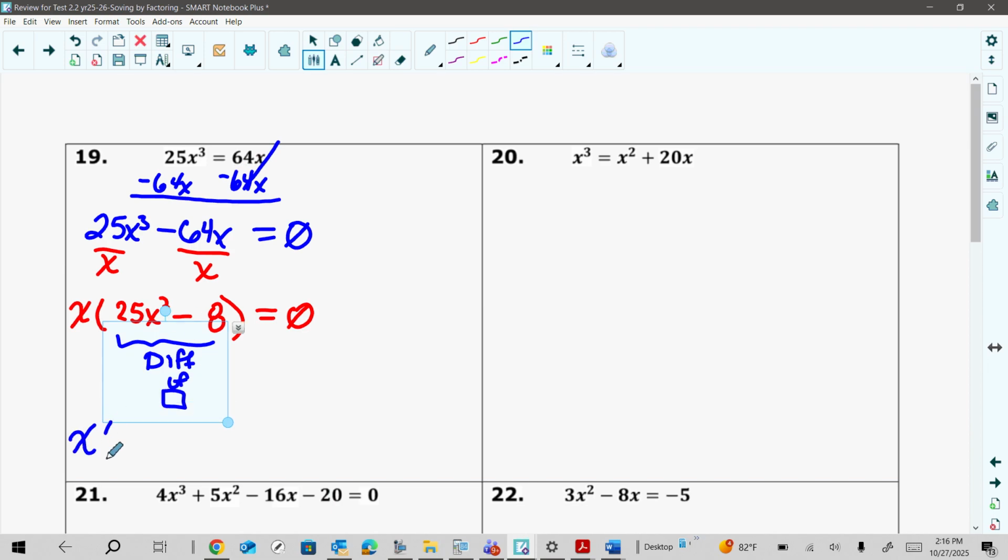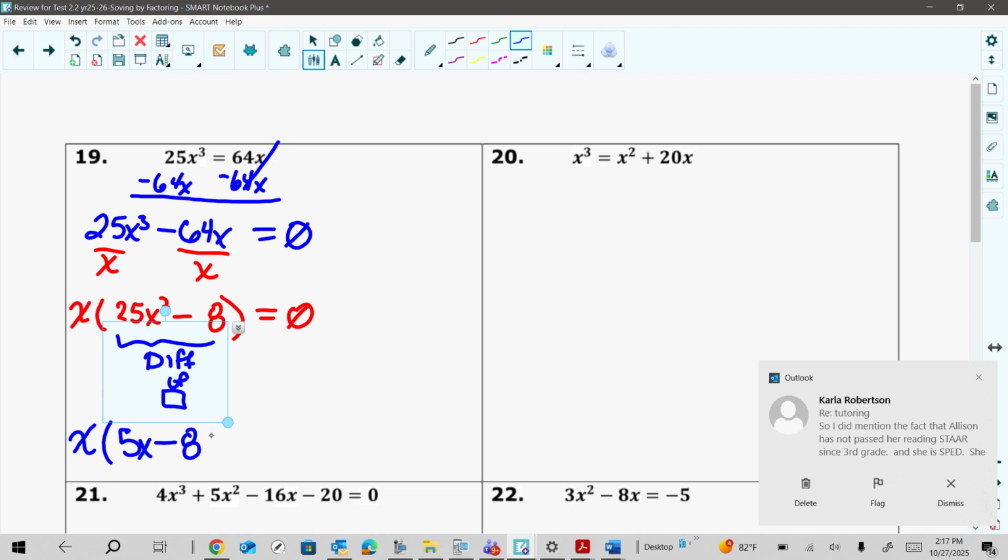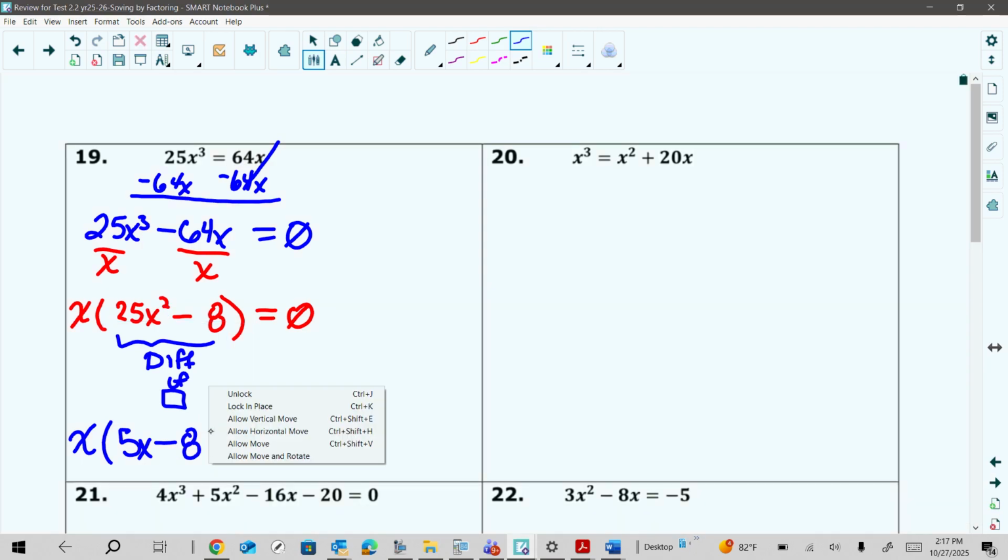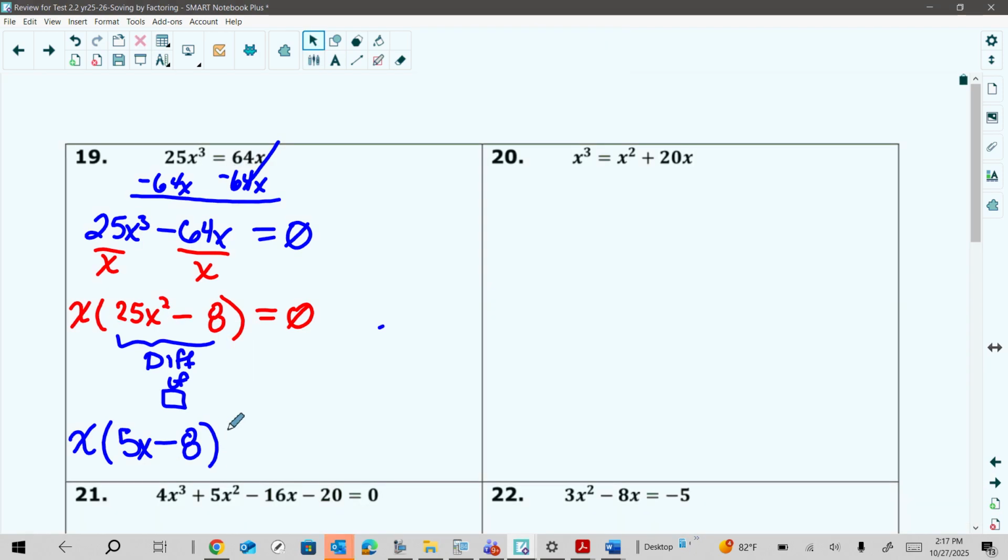Keep the GCF, take the square roots of each term. So this is 5x minus 8, and 5x plus 8, equal to 0. So each term is going to be equal to 0.